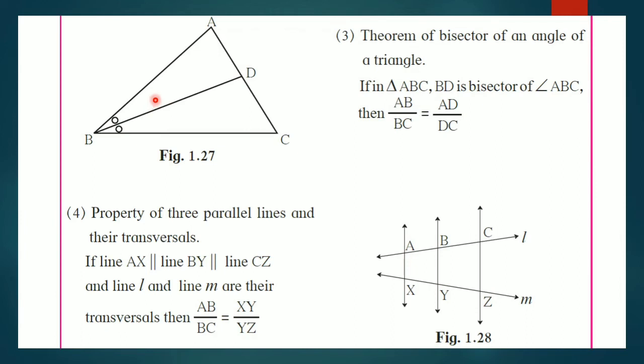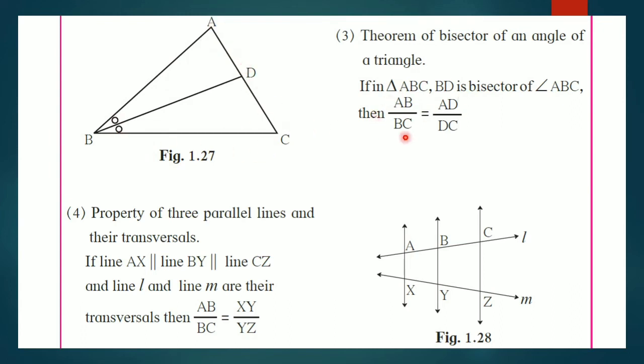So let's revise the statement. If you have a triangle ABC and BD is the bisector of angle B, then BD cuts AC in the same proportion as the other 2 sides. So AB upon BC is the same as AD upon DC.